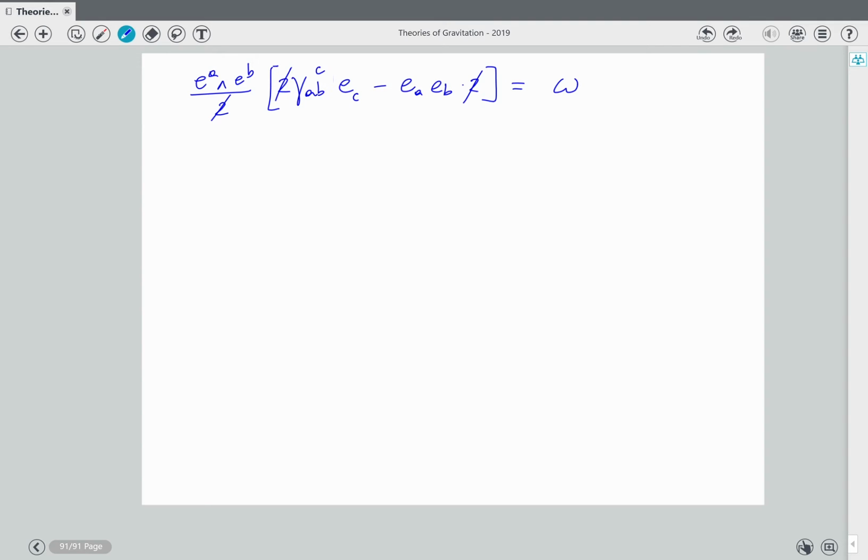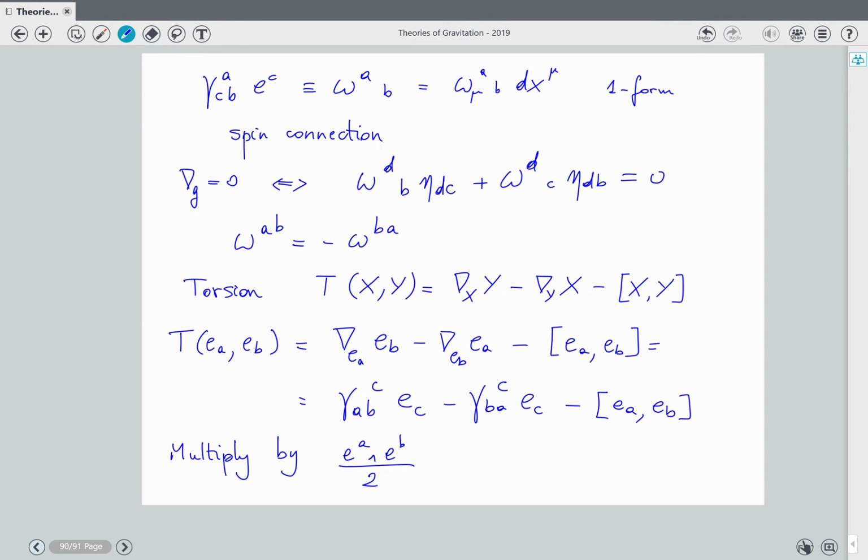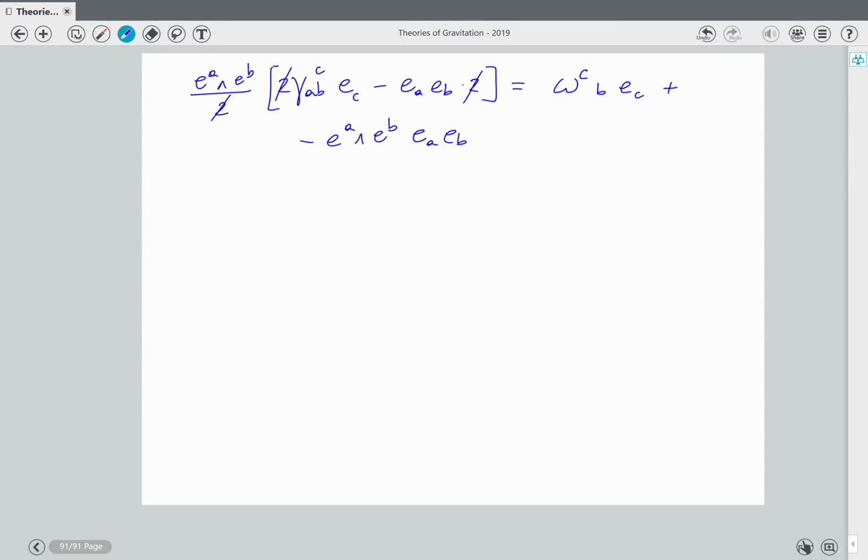So just functions. So that gives omega CB, EC, minus the forms EA wedge EB times the vector fields EA, EB. Okay, that is what we get.